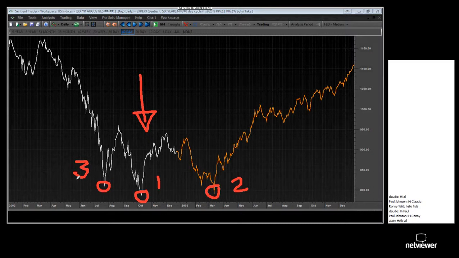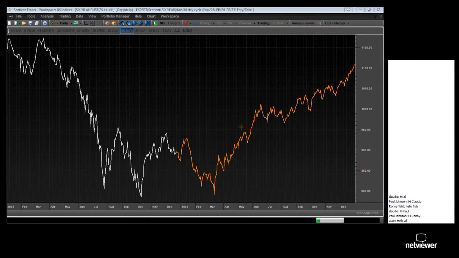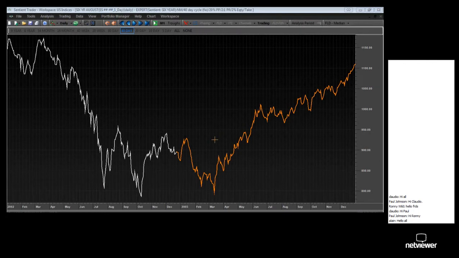Second most prominent trough is March of 2003, and third most prominent trough, or least prominent trough, lowest ranking is the one in July of 2002, which was, of course, August in the emerging markets. So I'm coming to some kind of a conclusion about all of this. What does all this mean?